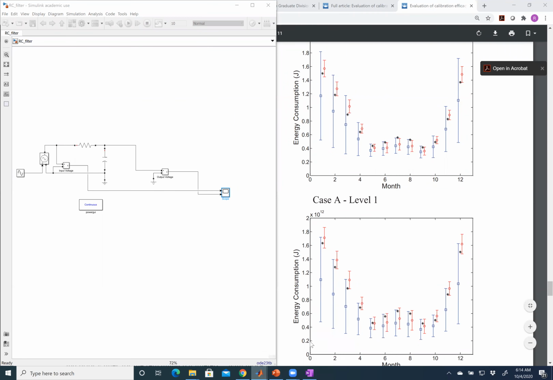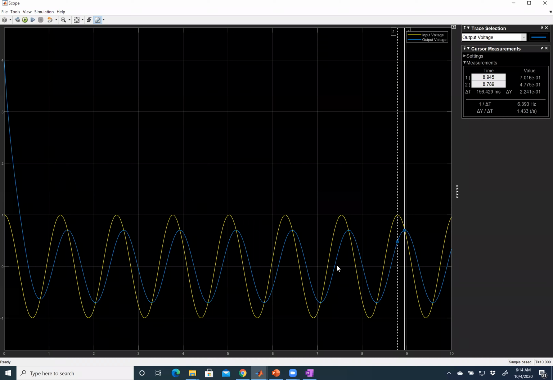So where is my scope? To measure the output, I'm using cursors, which is the way you take measurements on an oscilloscope. I have two cursors. Number 2 is the dashed line, lined up with the peak of the input. For the output y, I've lined up number 1, the solid line, with the peak value of the output.